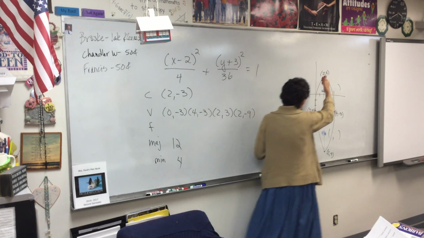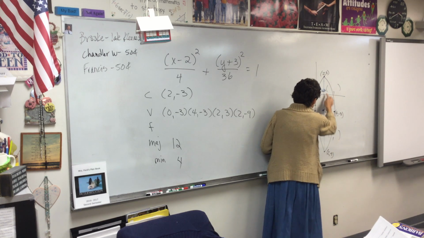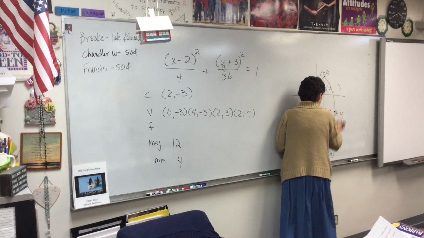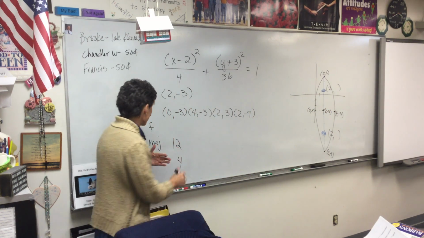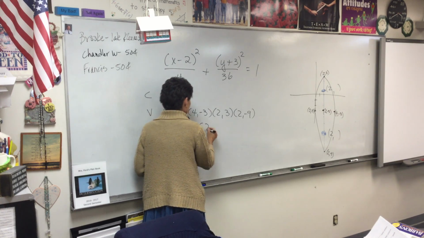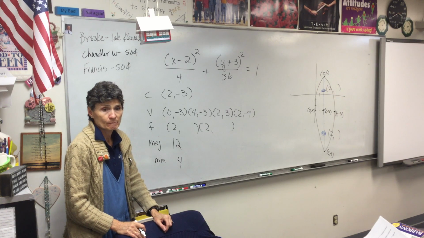Look at all of these points. What do they all have in common? Their x is 2. So without knowing anything about how to find the foci, you know it's 2 comma something. So you get half credit already.